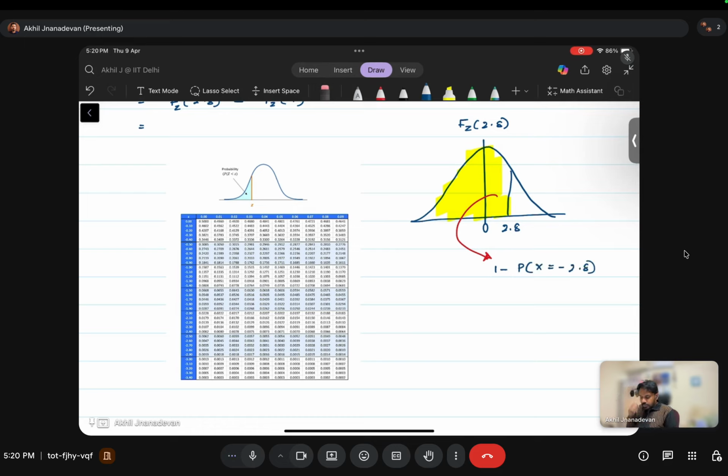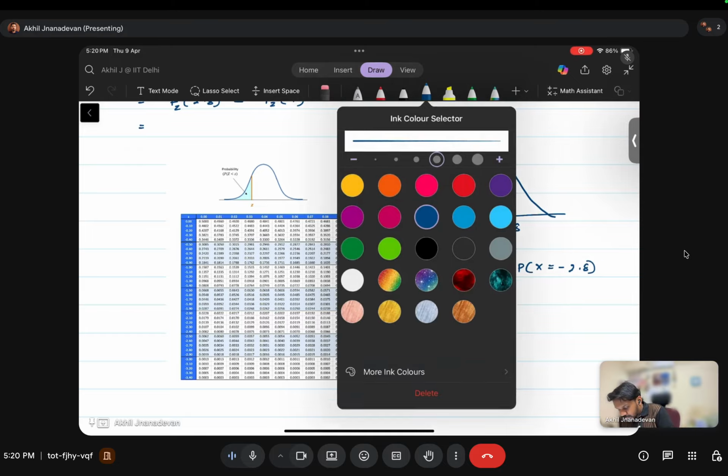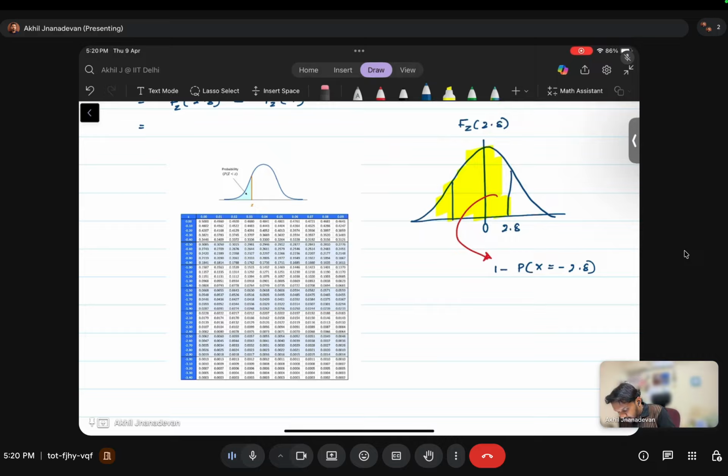Since it is symmetric, this particular area which I have marked here and this particular area which I marked here are equal.